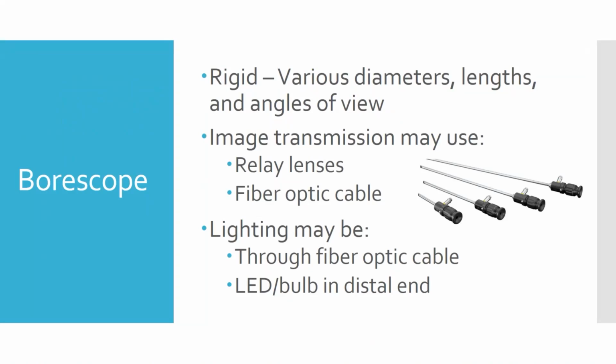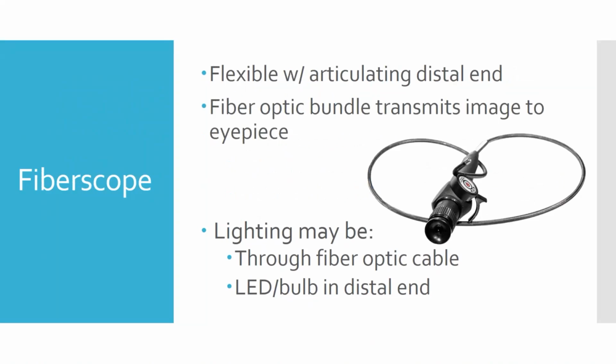Okay. To take that a step further, the next development is a fibroscope. The concept is the same: we're using some kind of imaging device on the end, and transmitting that image through a flexible scope rather than a rigid tube to an eyepiece at the opposite end.